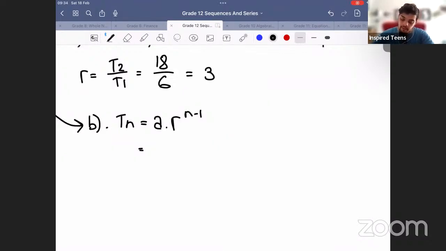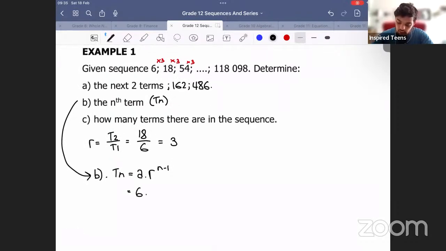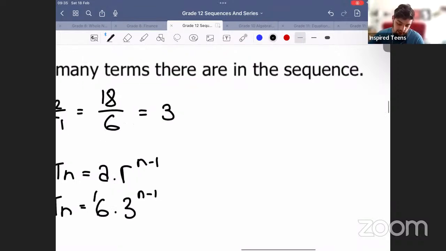A is the first term, which is 6. R is the common ratio, which is 3, to the n minus 1. Done. Remember, you cannot multiply this 6 and this 3 and call it 18 to the power of n minus 1, because this exponent is attached to just the 3.